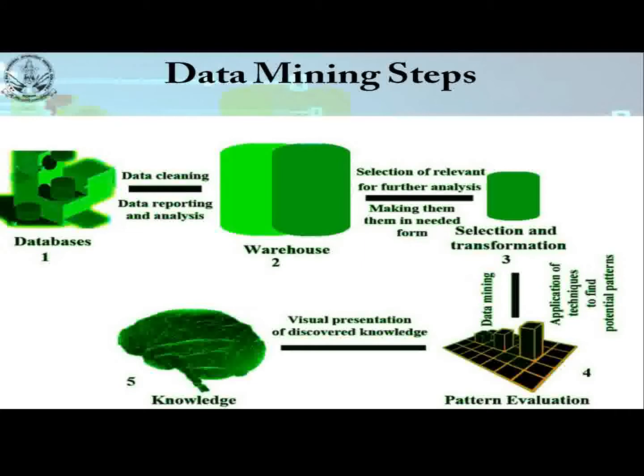That's data selection: relevant data for further analysis is decided and retrieved from the data collection. Then it comes to transformation. Whatever data is there is transformed to the form expected for our analysis. What we want, in which form, it is transformed to that form.